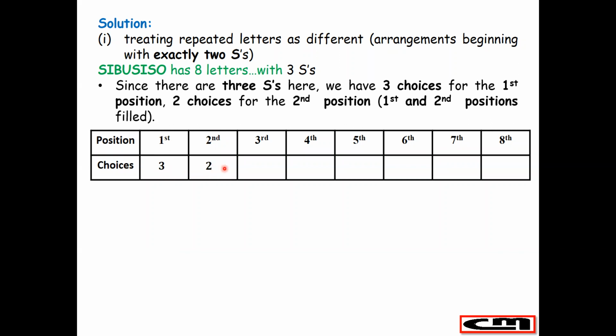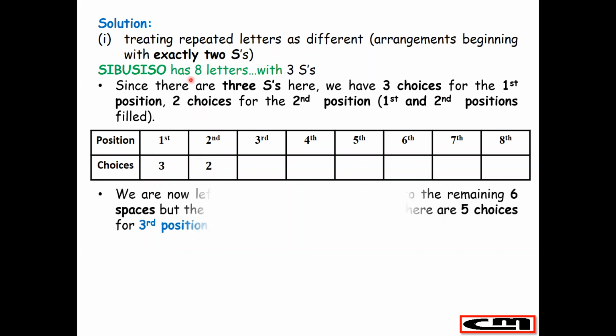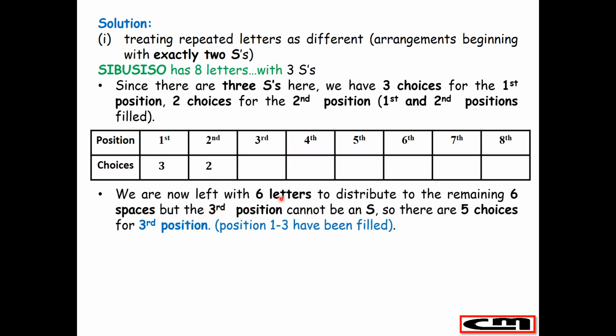Now I have filled position 1 and 2. Then I subtract the letters that I filled from 8. That means now we are left with 6 letters to distribute to the remaining 6 spaces.